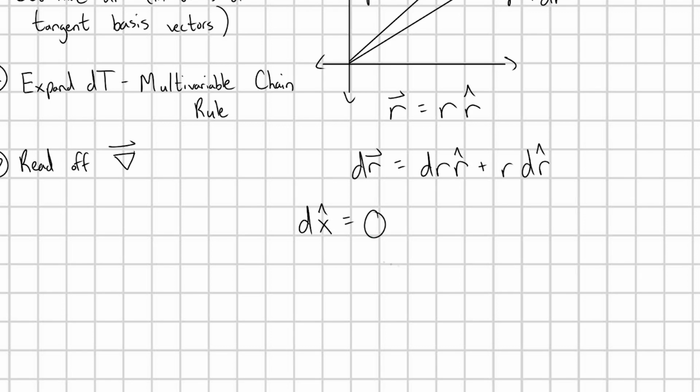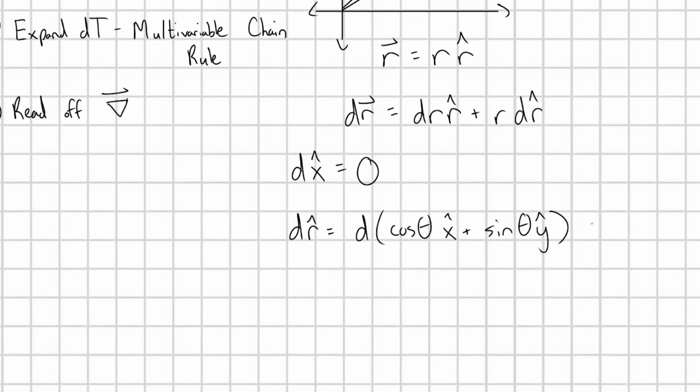So let's go ahead and do this real quick. If I have d r hat, which is really d of cosine theta x hat plus sine theta y hat, then we just expand this out very quickly.